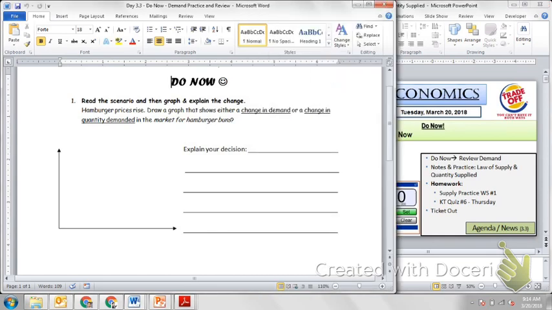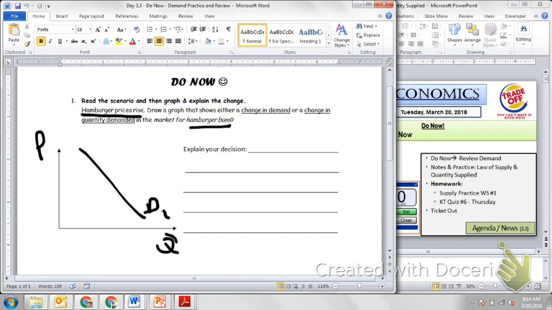For the first one, we are looking at hamburger prices rising and that creating a change in demand for hamburger buns. And so we show that. We label our axes, price and quantity. We have a demand curve, we label it D1, and then since we're working with two different items there, hamburger buns and hamburger prices, we identify the relationship between the two.